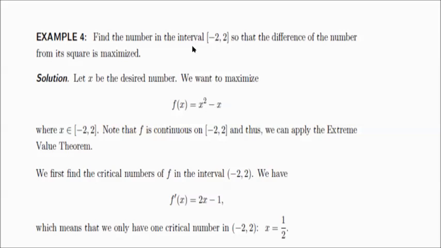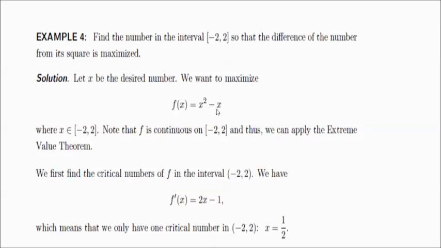So meron na tayong interval which is -2 to 2. Okay, so sabi niya difference of the number. So gawin natin yung number na yun, class, is x. The difference of the number from its square is maximized daw. So yun yung ima-maximize natin. Pero we need to get first the equation.